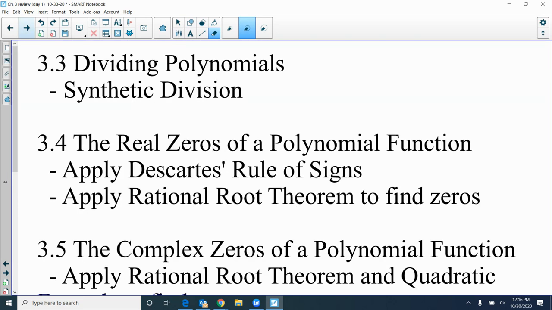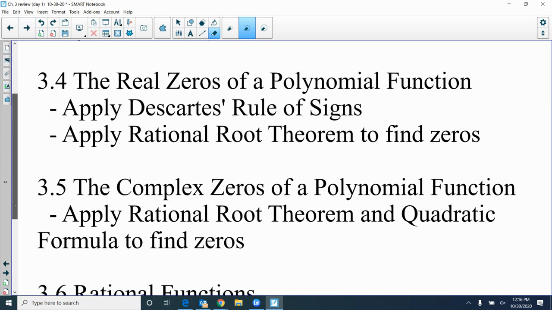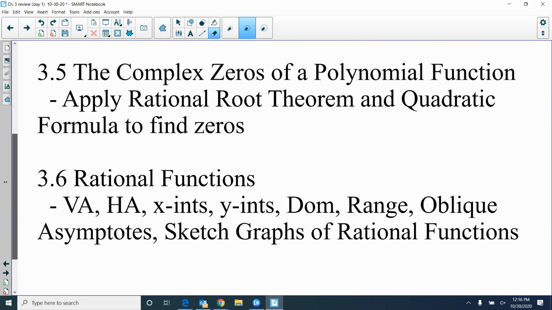Dividing polynomials, synthetic division, which you use a lot for the zeros. Apply Descartes' rule of signs, rational root theorem, and then 3-5 and 3-6. Okay, 3-5 we got complex numbers, and then 3-6 that's all the graphing with the vertical and horizontal asymptotes.